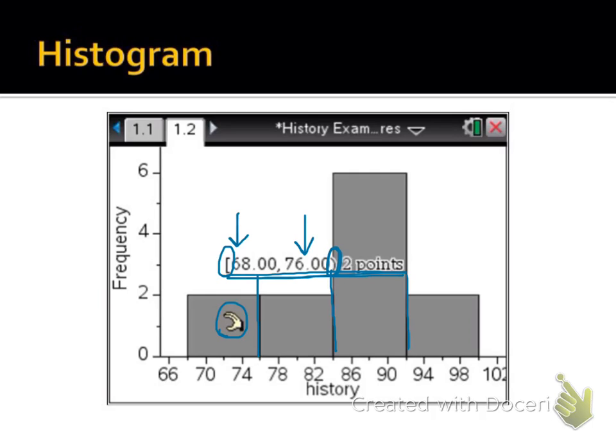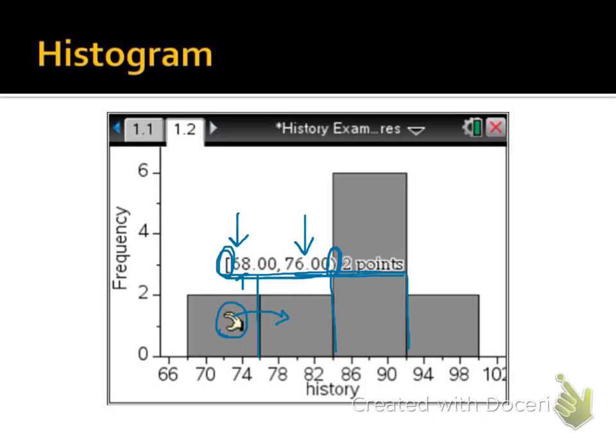So it means it's really going up to a score of 75, which is what our first interval was in the frequency table. If I moved my hand over here, then 76 would be on this end with the included sign, and 84 would be on this side with the not included sign, so everything up to 83 would be included.